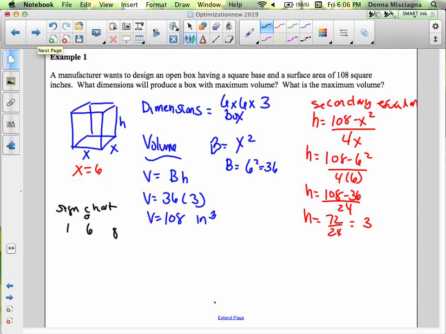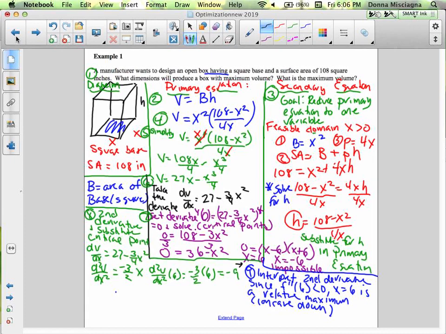Well, that might be too big, because then it won't be inside the feasible domain, whatever that happens to be. But if I used 8, 8 squared would be 64. It'd be 3 times 16, because 64 divided by 4 gives us 16. So that'd be 27 minus 48, and that would definitely be negative.